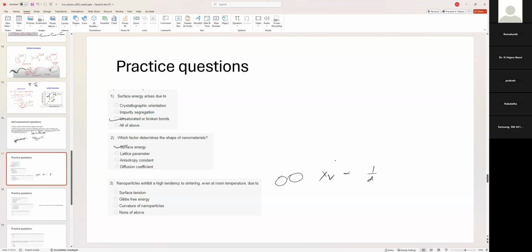So if you decrease the diameter, your surface vacancy concentration increases a lot. So the curvature of the nanoparticle, or indirectly the radius, is the reason why they have a very high tendency to sinter. I think we also showed this in the lecture.